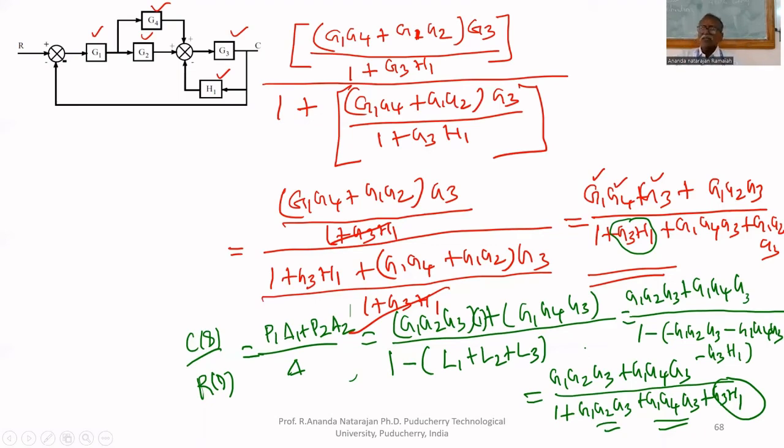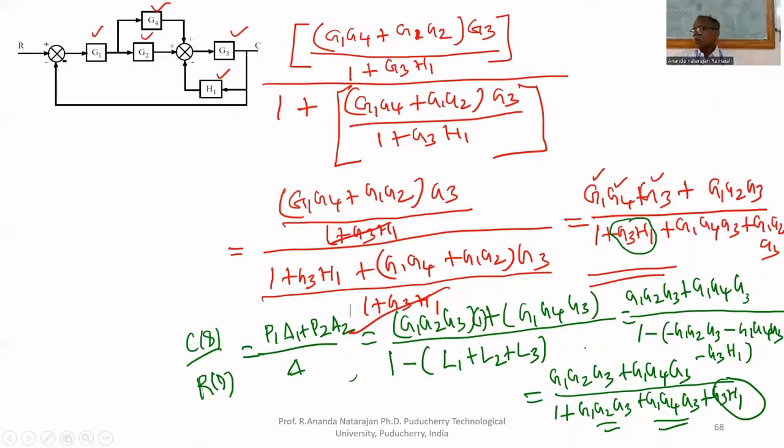What is delta 1? Delta 1 is nothing but delta for the part of the graph which is not touching forward path 1. What is delta 2? Delta 2 is also delta for the part not touching the second forward path. There is no part of the graph which is not touching the first and second forward paths.